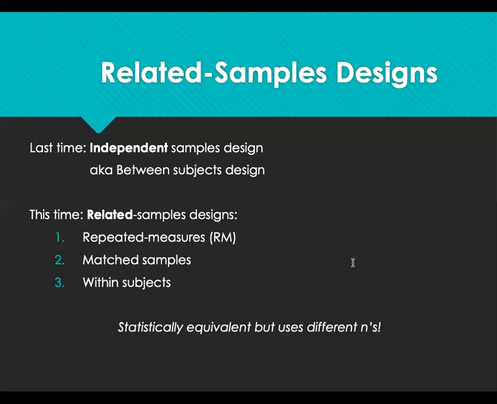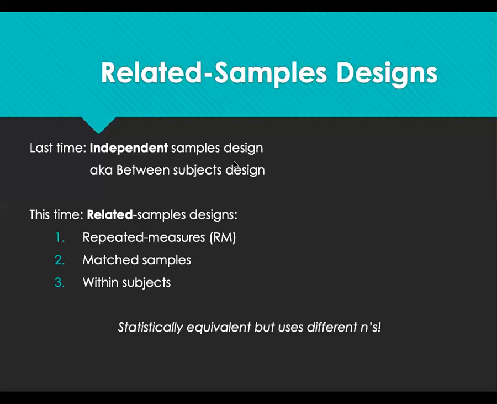With an independent samples design, you need 2 groups of participants, right? So you would need 20 participants for one condition, and then another 20 additional participants for the other condition. So you would need twice as many participants in your sample.